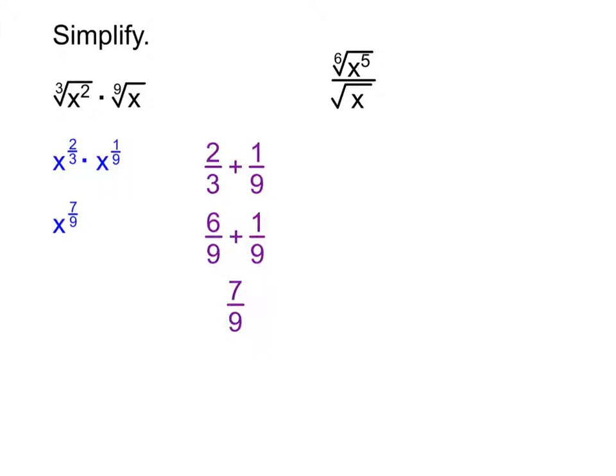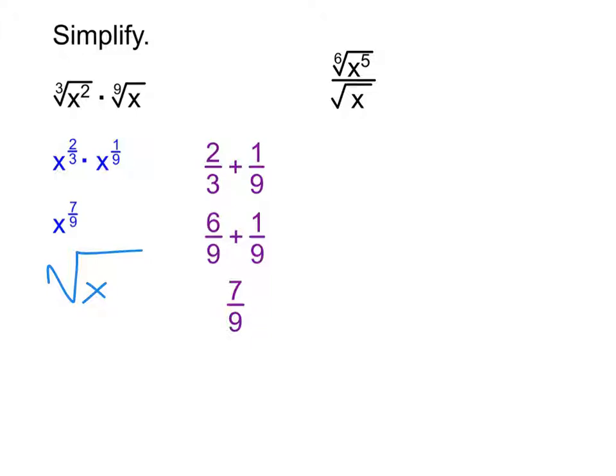All right, now the question is if we're done here, and the answer actually is no, because simplified form, when we deal with exponents, means there's no fractions left in the exponents, just like there should be no negatives left in the exponents if it's simplified. And so the very last step we're going to do is take our fractional exponent and turn it back into radical form.